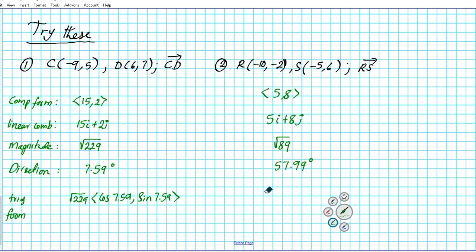And then for the second one, the trig form is root 89 cosine 57.99 degrees, comma sine 57.99.